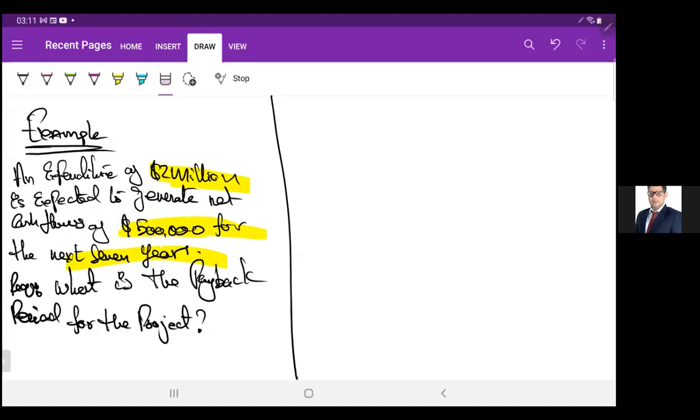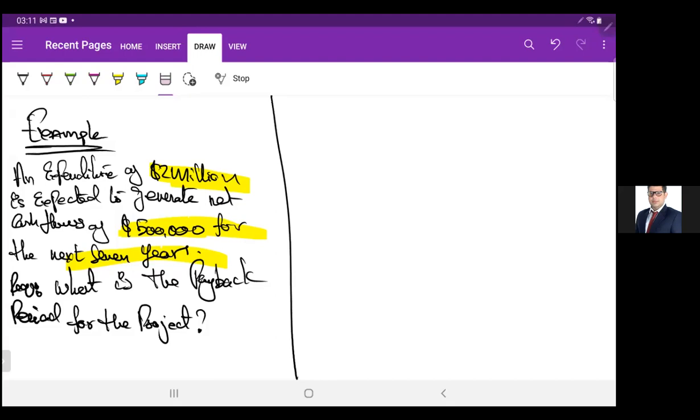All right, before we move to the other example, let us do this example once again, because I just computed wrongly, and sorry for that. What it's saying simply is that an expenditure of 2 million is expected to generate net cash flows of 500,000 for the next 7 years.